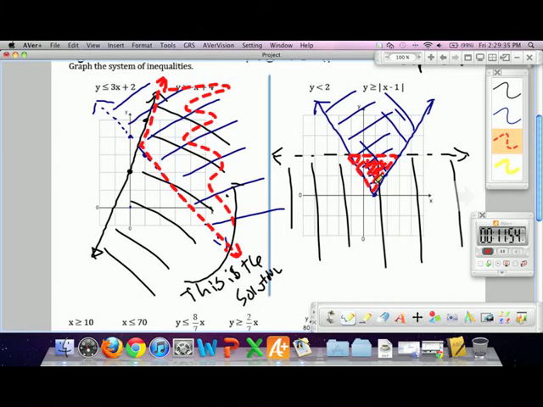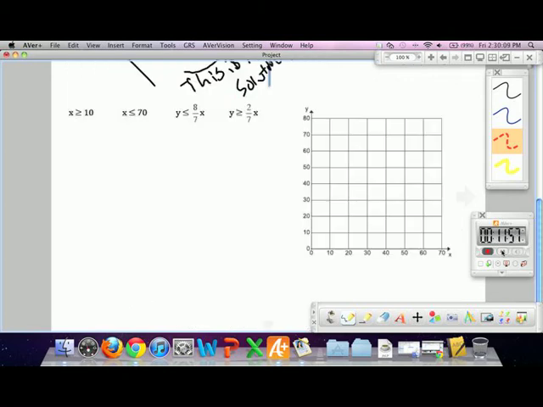The last one's good news here. Okay, x is greater than 10. Vertical line through 10. It's solid. Since there's 4 of them, I'll wait and do all the shadings after. Okay, so vertical line through 10. Vertical line through 70. Oh my gosh, why do I keep missing this? y is less than or equal to 8/7 of x.